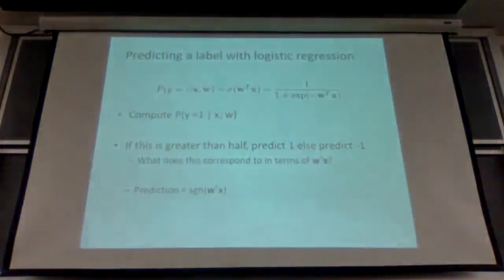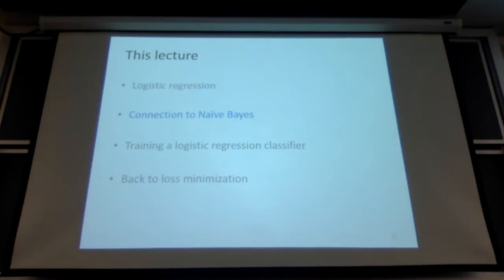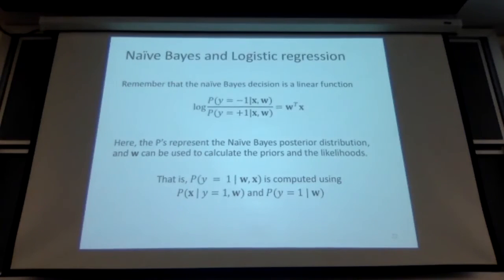Right. So we have logistic regression, we have a linear model. I want to now spend a few minutes talking about why I arranged the lecture so that I first talk about naive Bayes, then talk about discriminative and generative, and introduce logistic regression, because logistic regression has a very tight connection to naive Bayes.